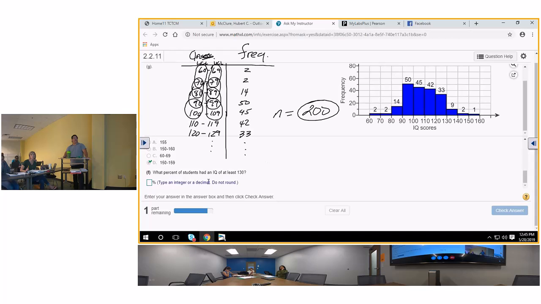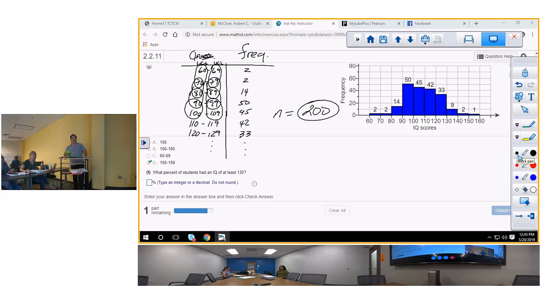What percent of students had an IQ of at least 130? What does at least mean? That's the lowest number. So the lowest number is 130, right? So that means 9 plus 1 is 10, 12. So somebody take 12 and divide it by 200. You don't need a calculator for that, people. Please don't use a calculator for that. That's just hanging a sign around your neck that says I'm ignorant. Okay?